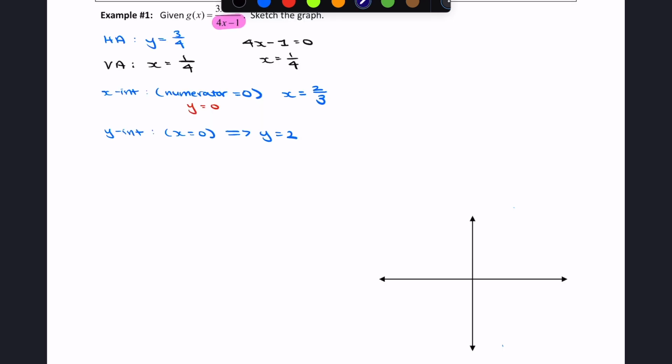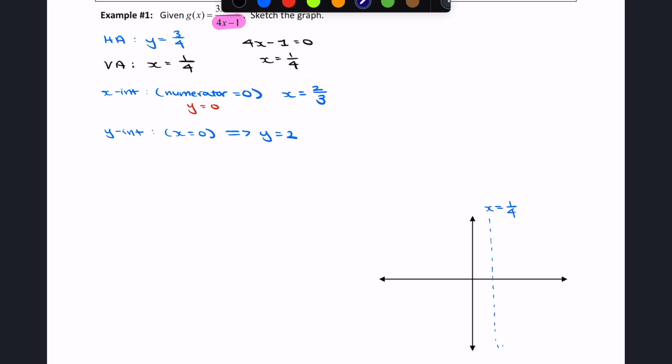So here, let's place the values that we know onto the graph. We know that we have, again, a vertical asymptote at 1 over 4. Again, the asymptotes are represented by a dotted line. So here we have a vertical asymptote at 1 over 4.